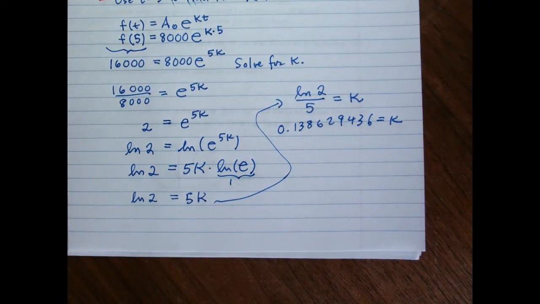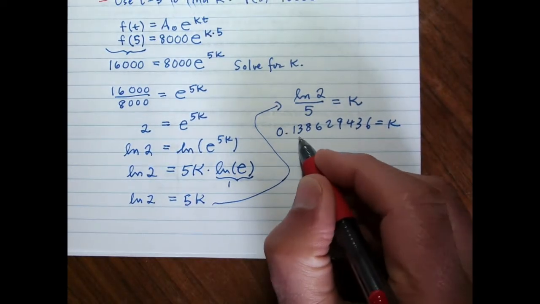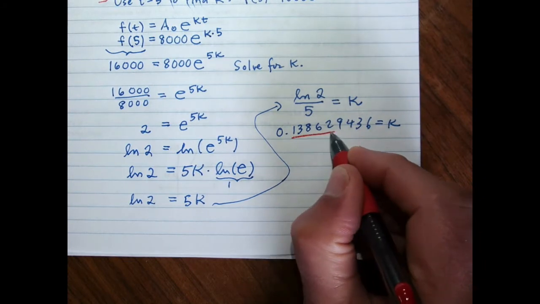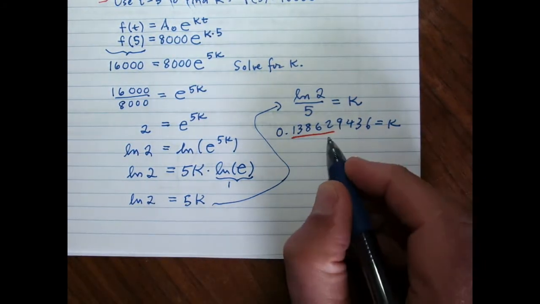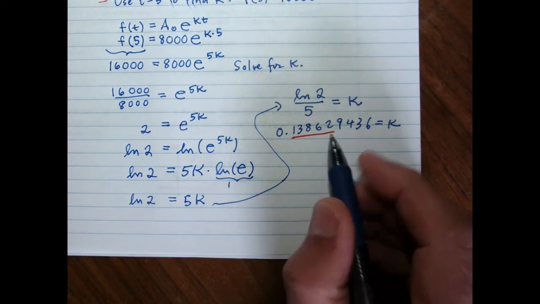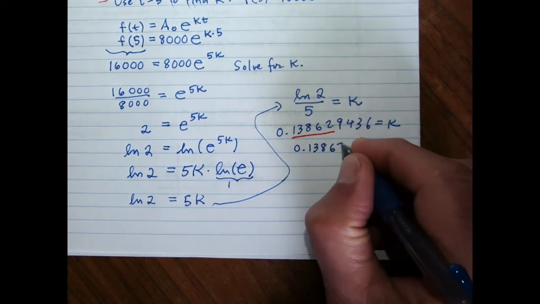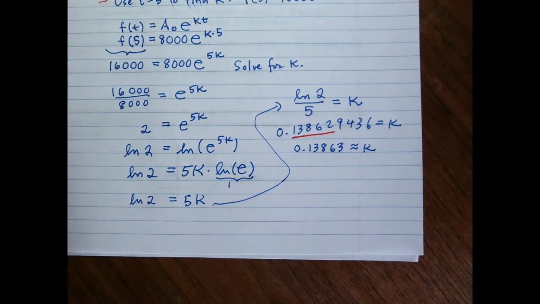We're going to round off here, and always round off at like 4, 5, or 6 decimal places. We don't have a rule, just the more the better, but I'd say 5 is plenty. Okay, if I round off at 5 places here, I get 0.13863 as our value of k.